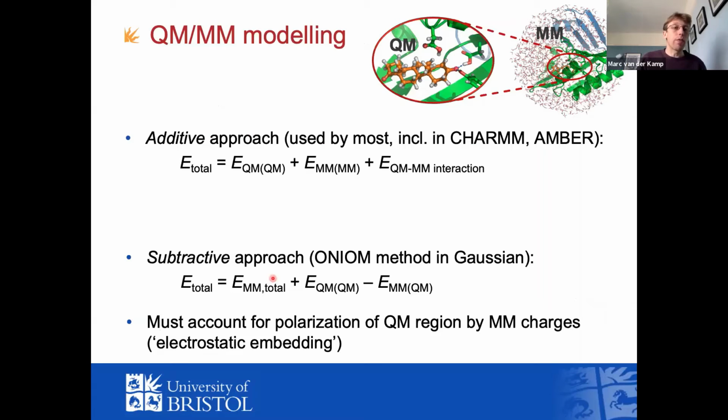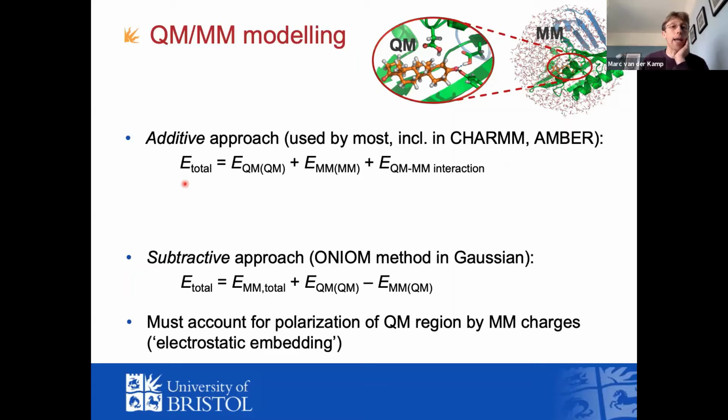explaining the difference briefly between two fundamentally different approaches to do QM/MM that are distinguished by calling it the additive approach and the subtractive approach. So the additive approach is an approach that is used in most software, including in CHARMM and Amber, so the MM packages that have for a long time had the ability to do QM/MM, and also in the newer implementations in NAMD and GROMACS.